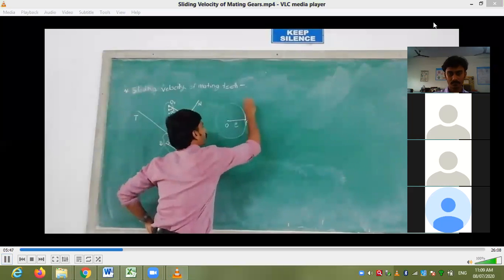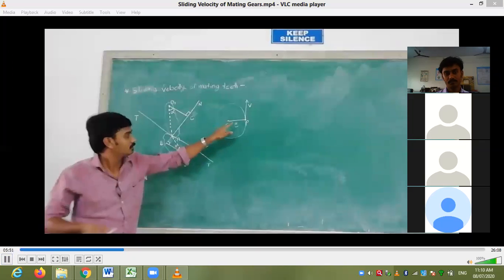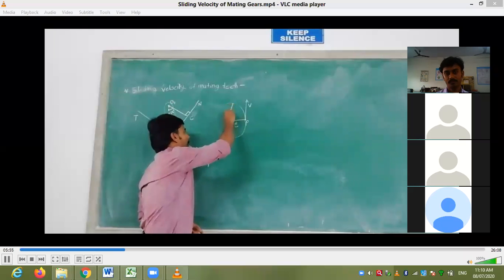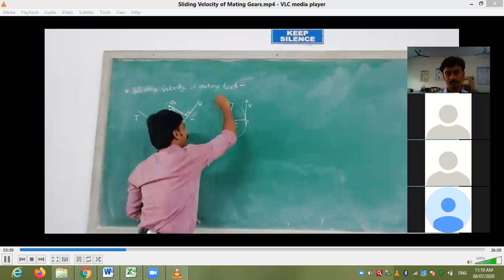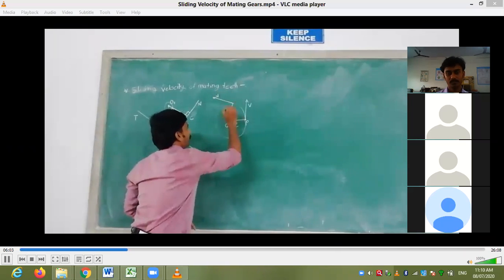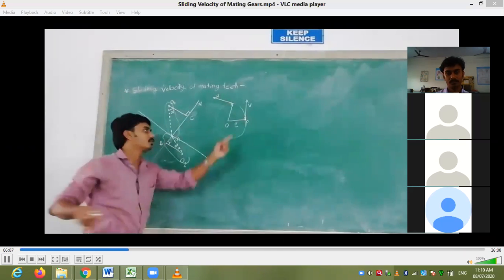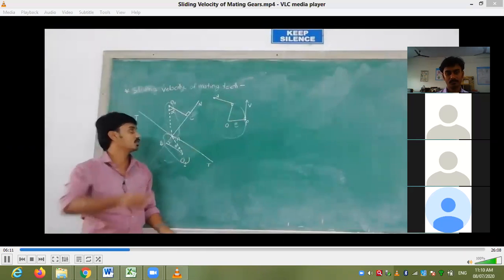This is the velocity of the point. Suppose this point moves to this position, then the direction of velocity is this, perpendicular to the radius. It means the angle between the velocity vector and the radius is always perpendicular.